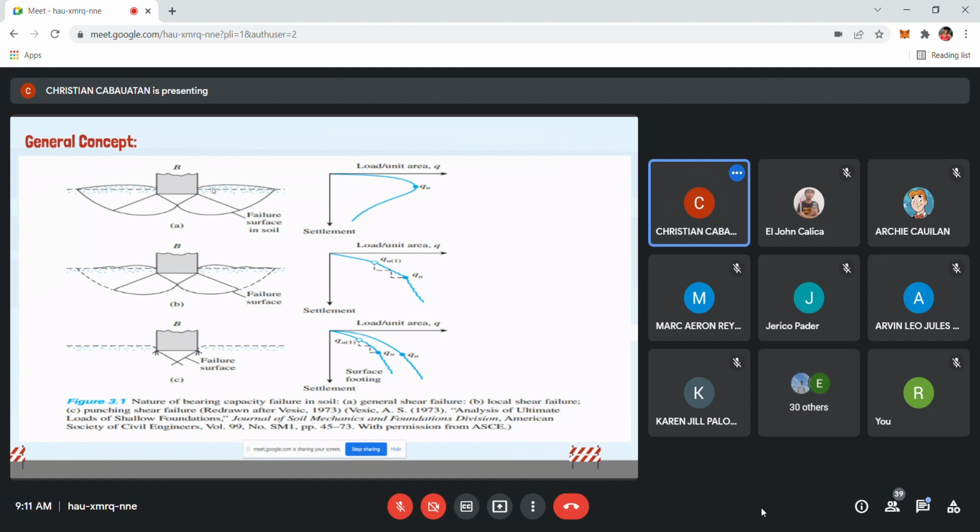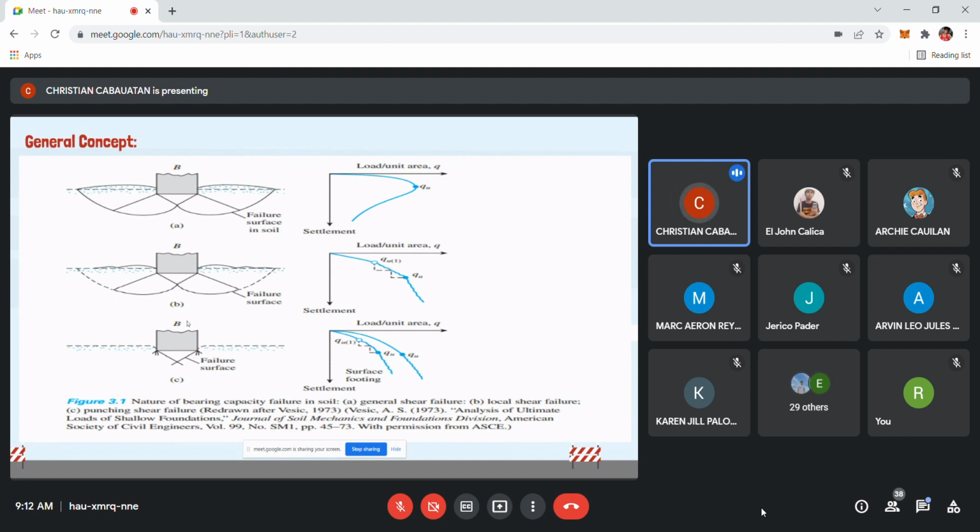Okay. So, for this figure, we consider a strip foundation with a width of B. As I said before, its width is not denoted as W or L, it is always denoted by the letter B. Consider it resting on the surface of dense sand or stiff cohesive soil, which is what you see in figure 3.1A.